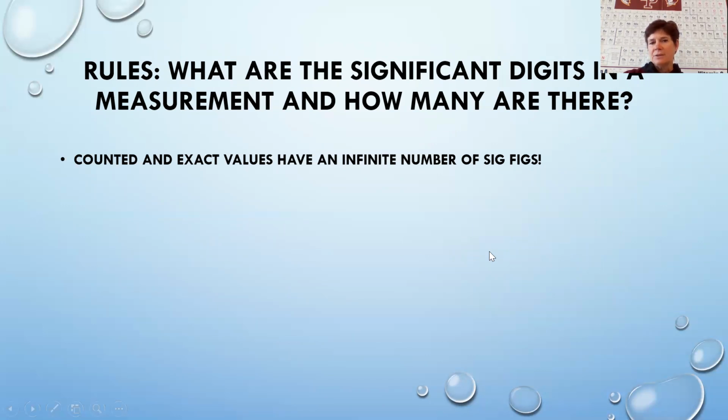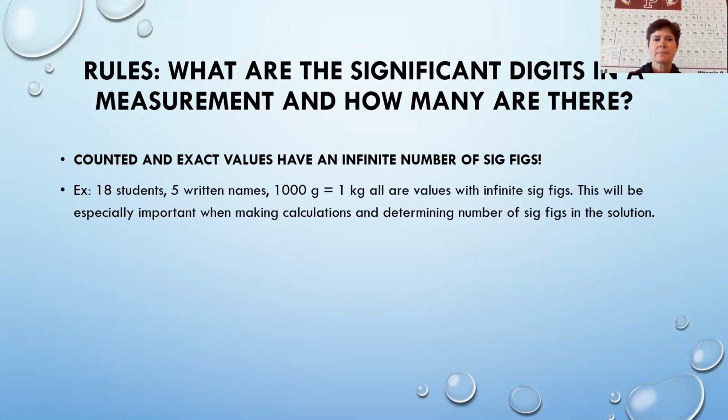Counted and exact values have an infinite number of sig figs. So this will come up when we have things like number of times you write your name, or number of students, or number of pencils that are counted in different calculations. Those are exact values and they have infinite sig figs.